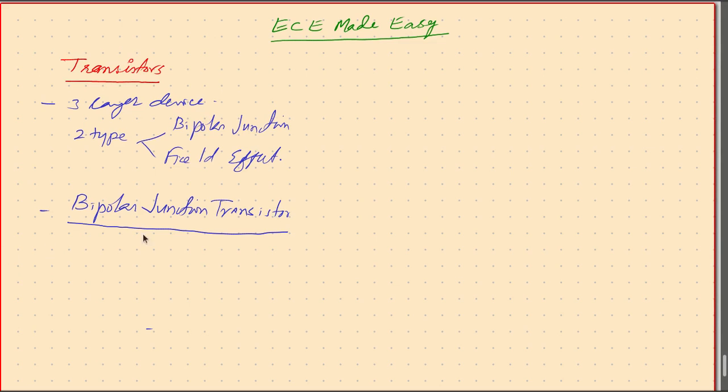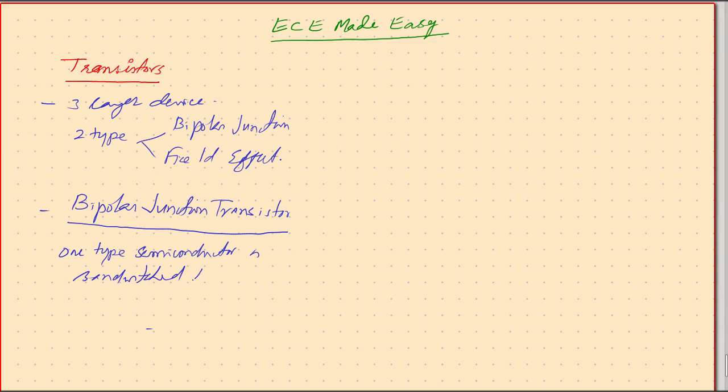Bipolar junction transistor is, as the name said, made up of three layers, wherein one layer or one type of semiconductor is sandwiched between two layers of other type of semiconductor.